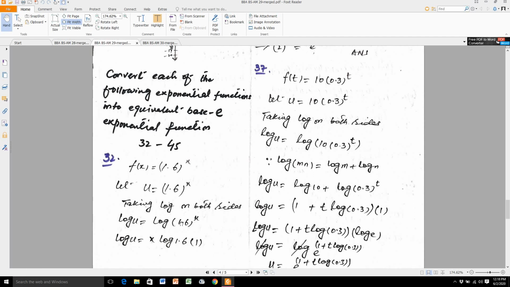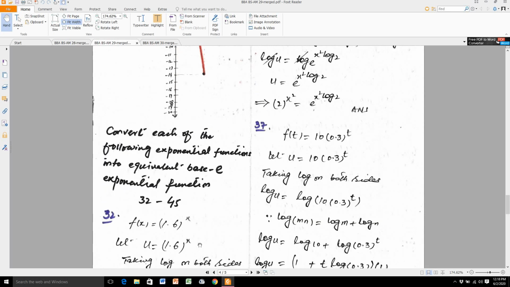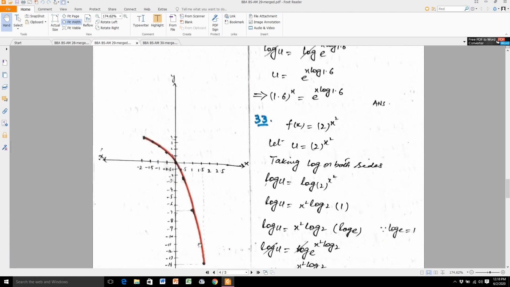If some function has a power, it comes first. So you write it as log u is equal to x into log 1.6. Okay, and then I write 1 in front of this function. There is some significance, that's why I am using it here.